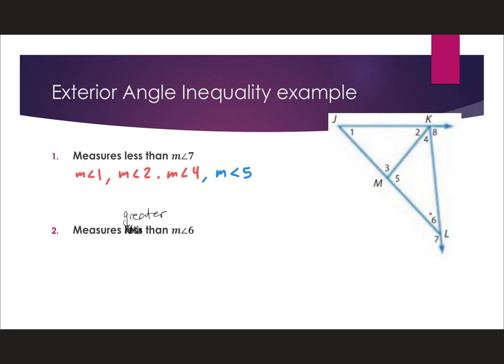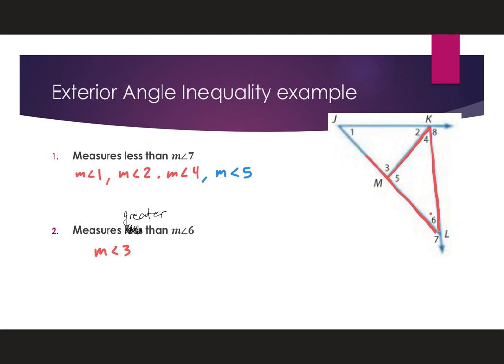What are the exterior angles that 6 is remote interior for? So we've got this small triangle. Let's look at the small triangle first. And 6 would be the remote interior of that angle, angle 3. 3 is the exterior angle to that red triangle. So we can go ahead and write the measure of angle 3.